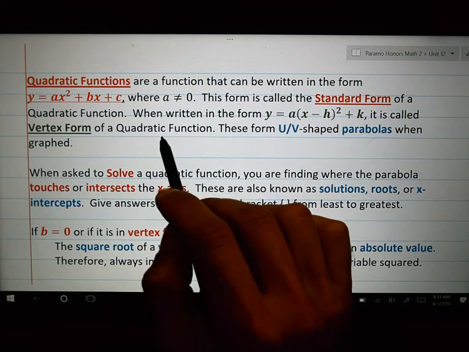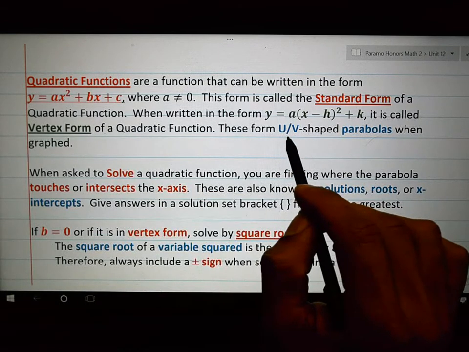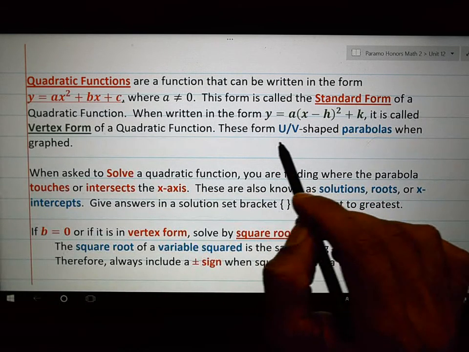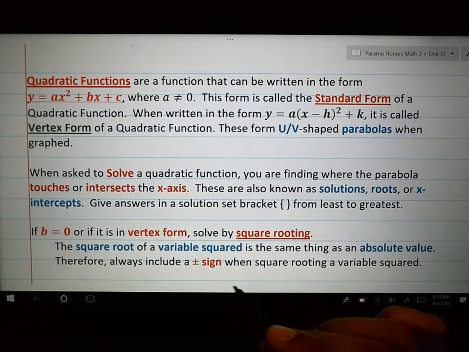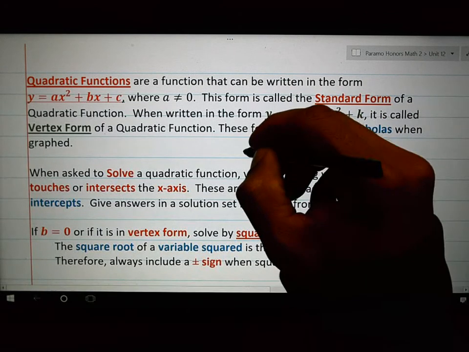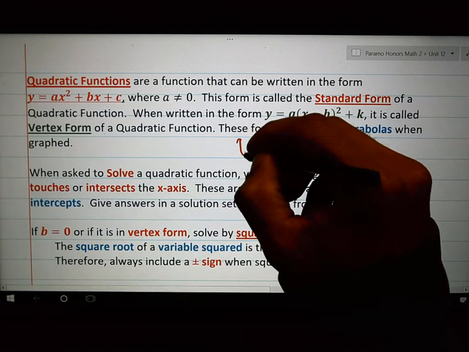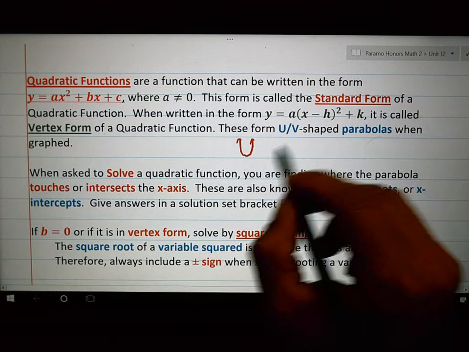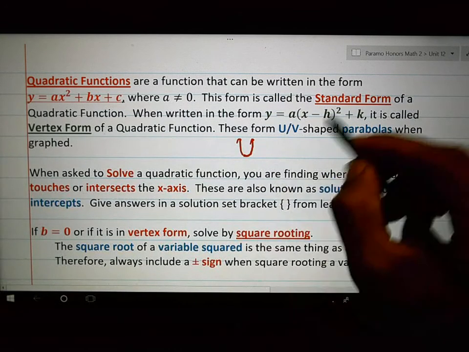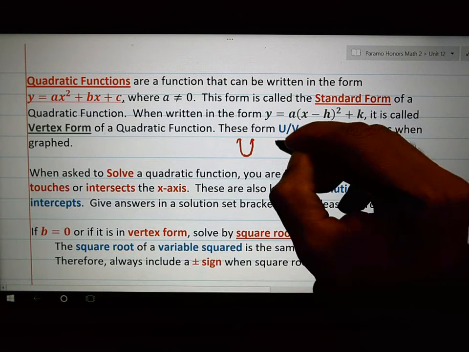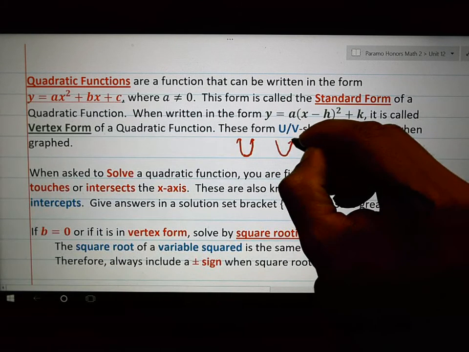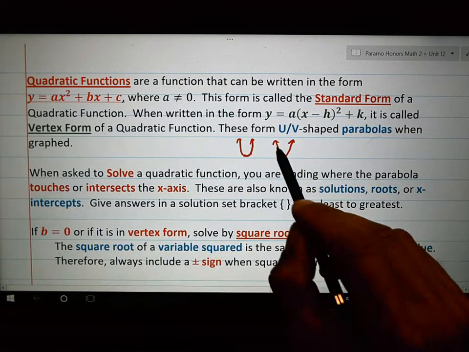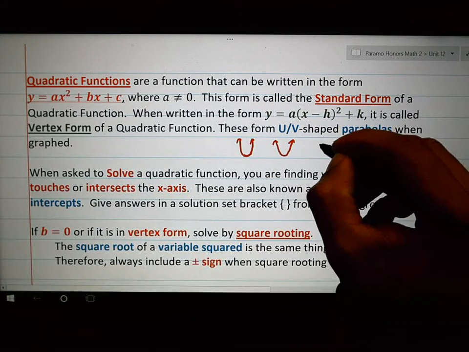If you don't remember what a quadratic function is, in Advanced Math 8 they called them U-shaped graphs, but I don't really like that. If I think about a U-shape, I think of a U. I do not want you to think that these two sides are parallel to each other. The bottom is rounded, but a parabola actually opens up and goes to the right and opens up and goes to the left or goes down.